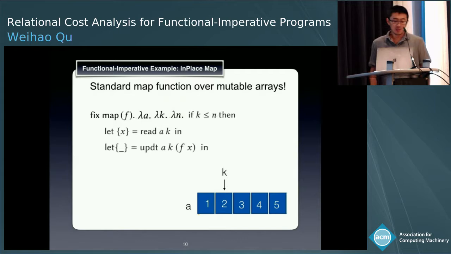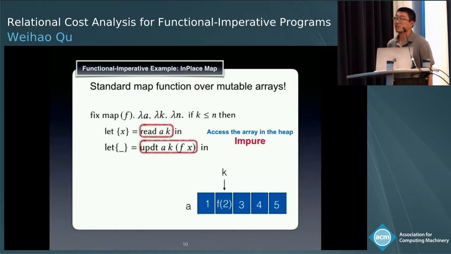In the function body, it will first read the array at index k, and then update this element by applying the mapping function. Let's pay attention, because this read and update will now be considered impure computations.